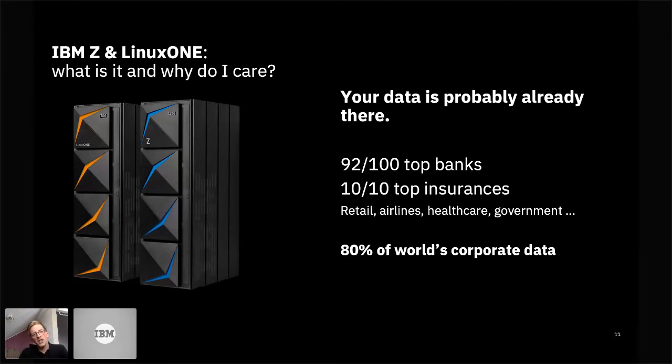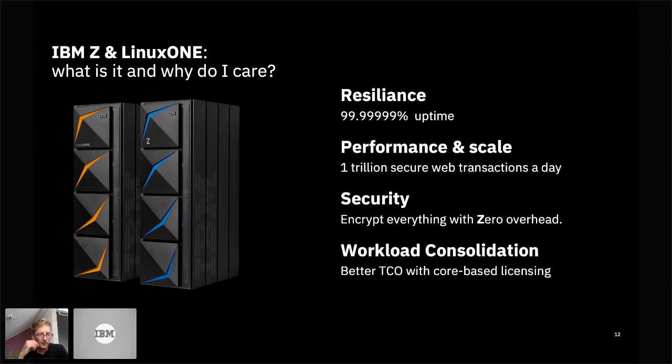The reasons for that are mostly technical, because the platform provides a lot of features and strengths that can help there. One of the biggest strengths is, as mentioned, resilience. With the IBM z15, you have 7 nines of uptime.